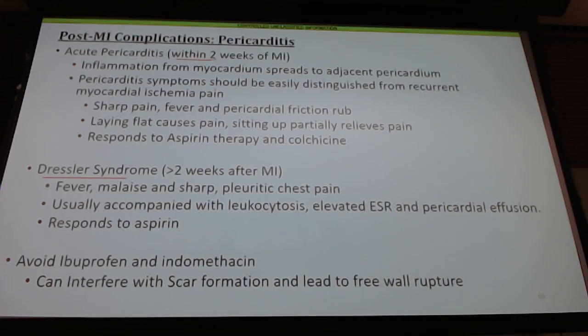But remember, from a treatment standpoint, avoid ibuprofen, avoid indomethacin, treat them with aspirin and colchicine in this situation particularly, because you want to limit the effects of that scar formation, because that could lead to a weak scar, which could then lead to ventricular wall aneurysms or ruptures.